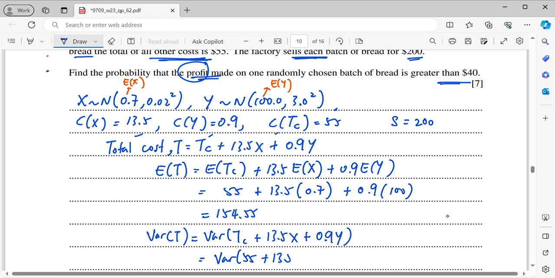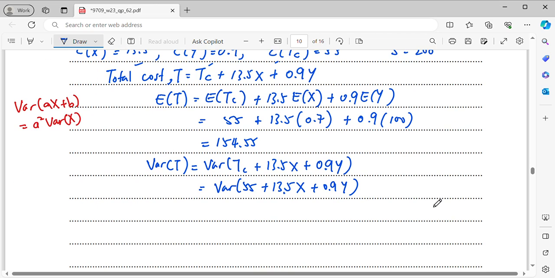So according to the laws of variance, when you have a constant, let's say variance of ax plus b, the b is constant, you will be getting a squared variance x, so the b will be ignored. Therefore from here I will be getting just 13.5 squared variance x, right?